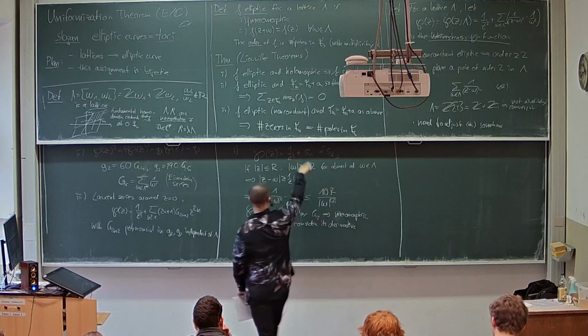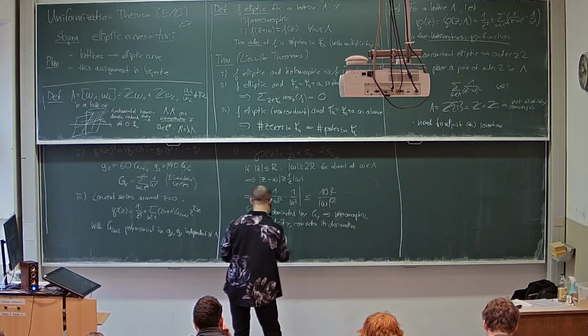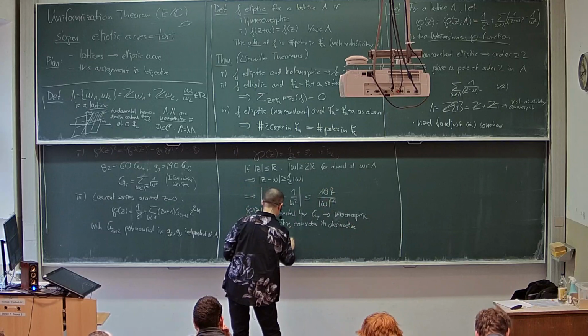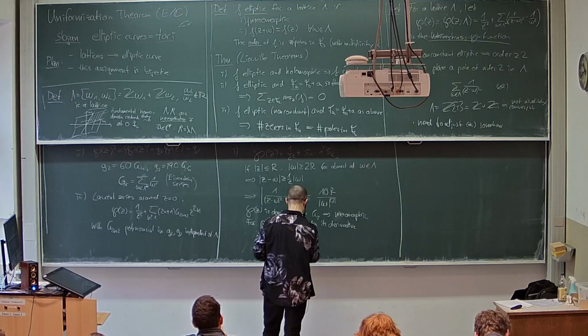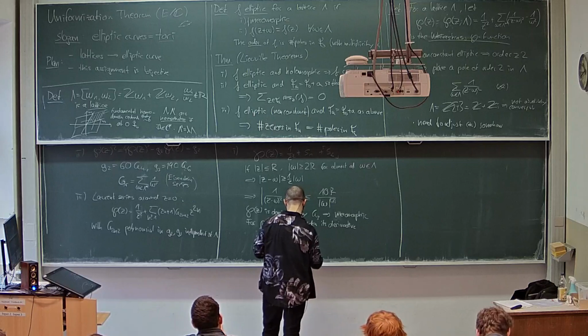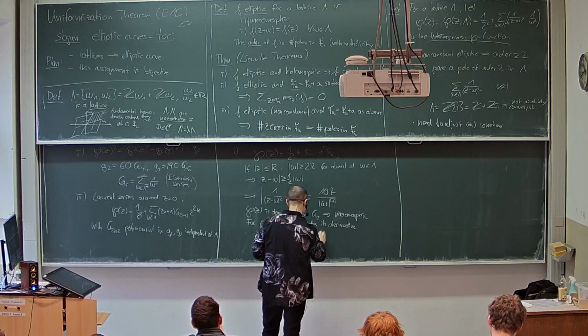And by this argument, something else follows, that we can obtain the series for its derivative just by differentiating summand-wise, because this is all absolutely convergent.